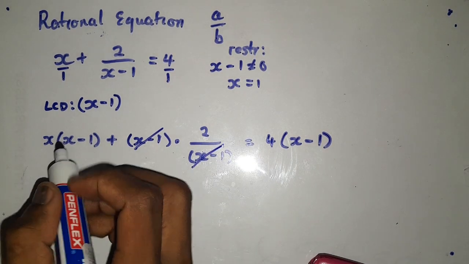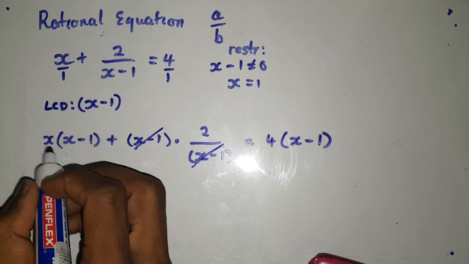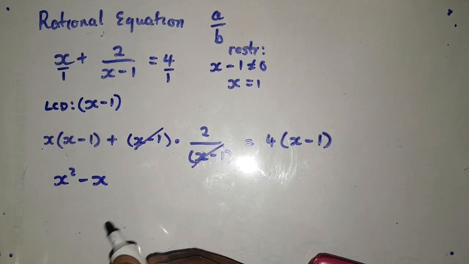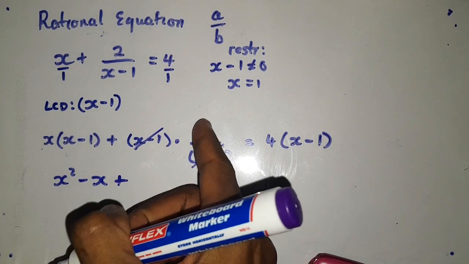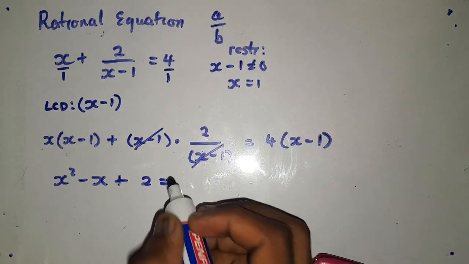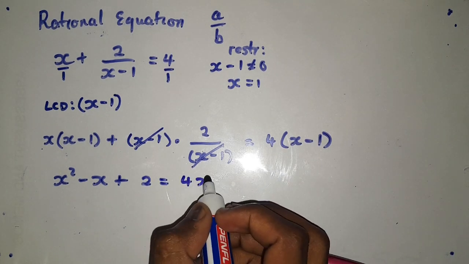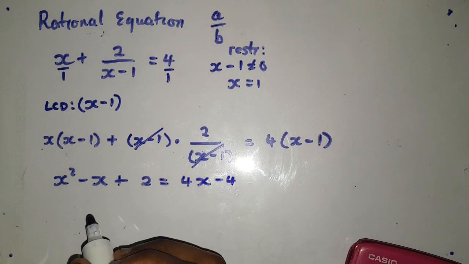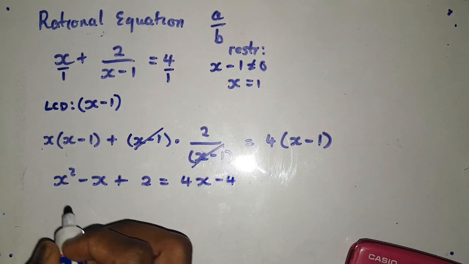Then, if you multiply this binomial by x, you get x squared minus x plus 2 equals 4 multiplied by x, we get 4x minus 4. Then it looks simpler now. Let us take everything to the left hand side.